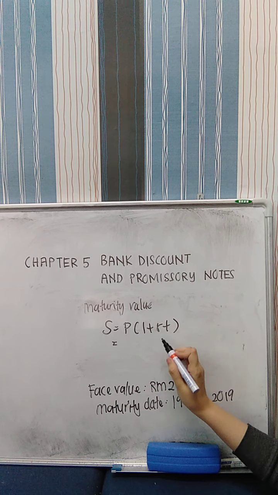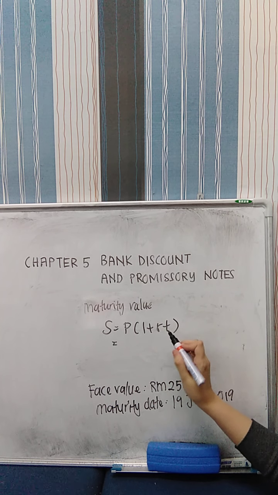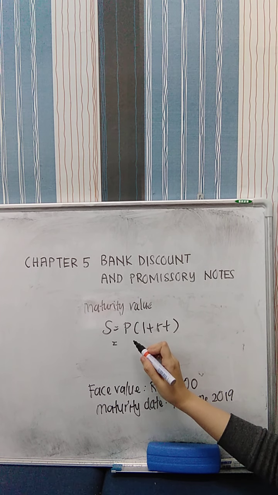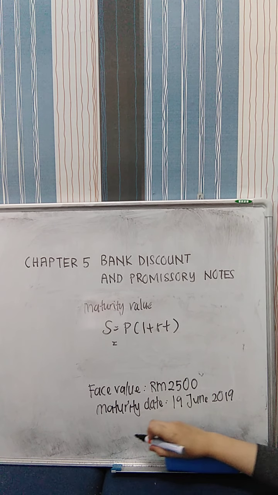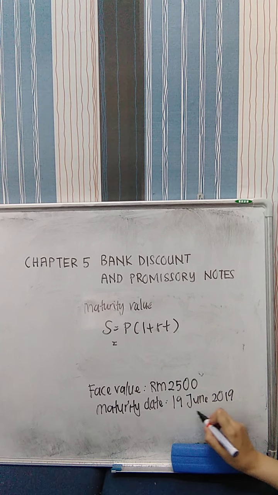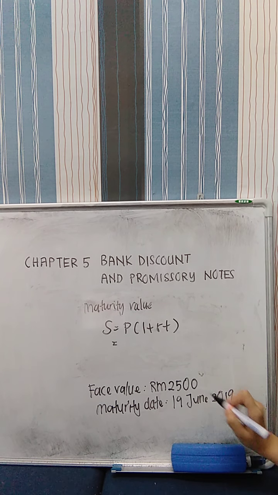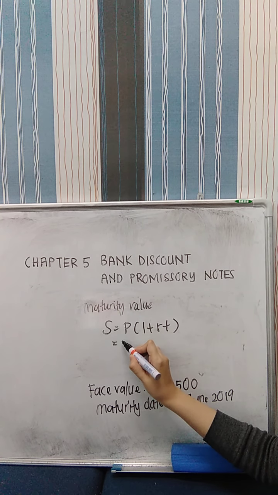How much does Sally need to pay to Maya at the end, until 19 June 2019? The P is the face value.